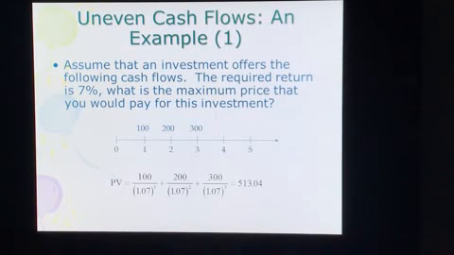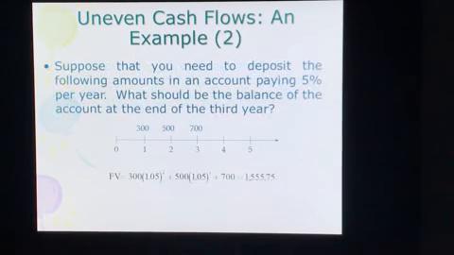We will use both concepts, the compounding method as well as the lump sum cash flow method and the annuity method, just like the previous example. We simply discount each value separately, and then add up all these present values to get the total present value of uneven cash flows.